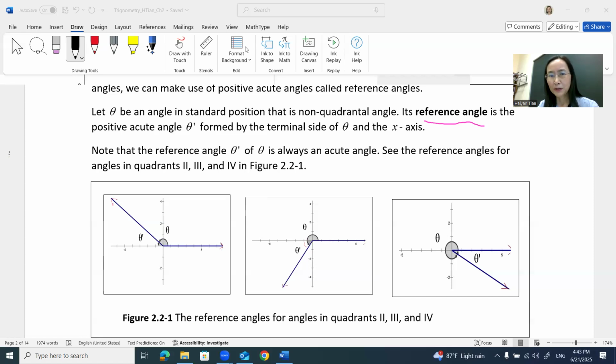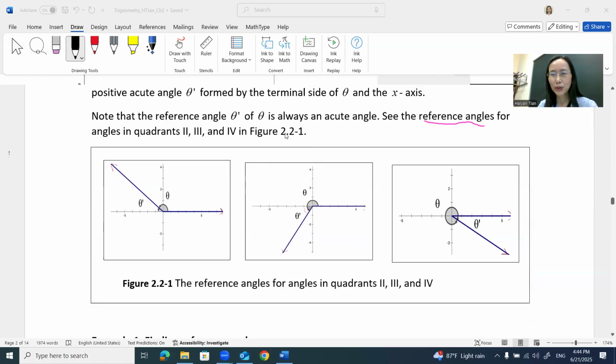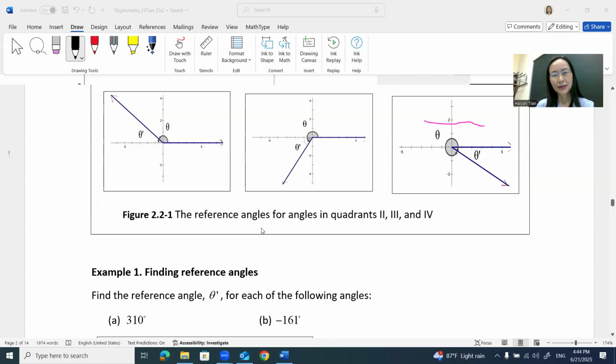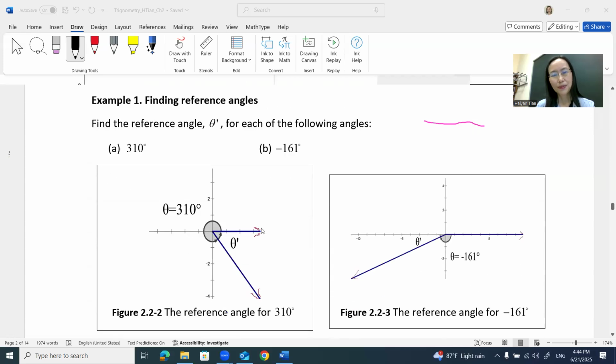That's why the trigonometric function values may not always be positive. However, for the reference angle, which is an acute angle, the trigonometric function values are always positive. So that means for the non-acute angle, when we determine the trig function values, we need to address the sign. But before that, let's just practice finding the reference angles for some given angles.